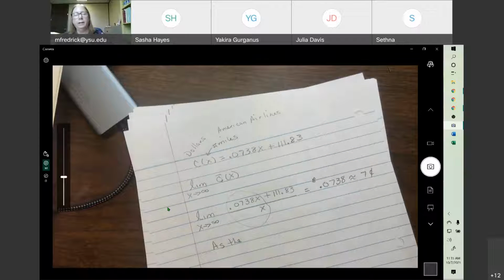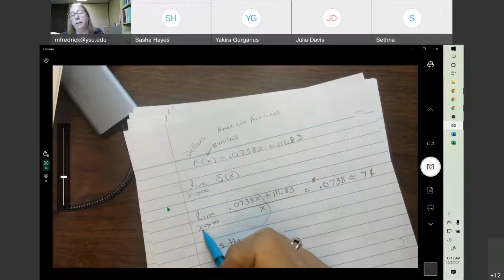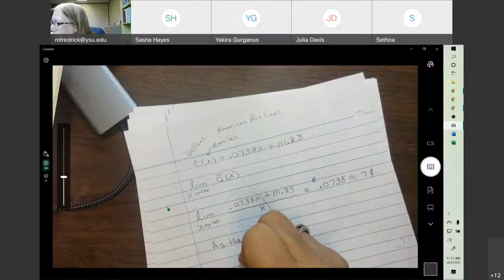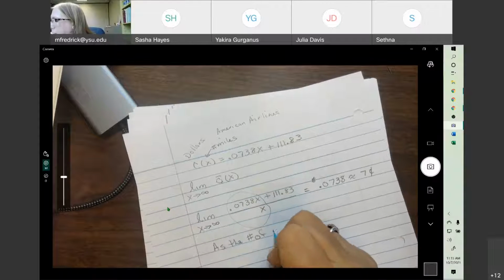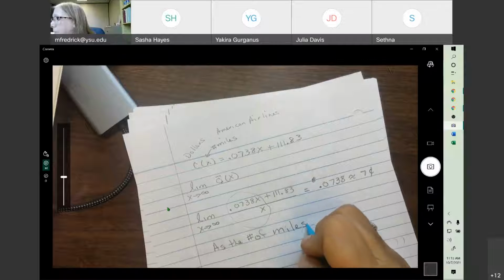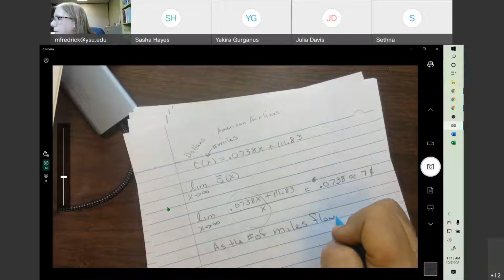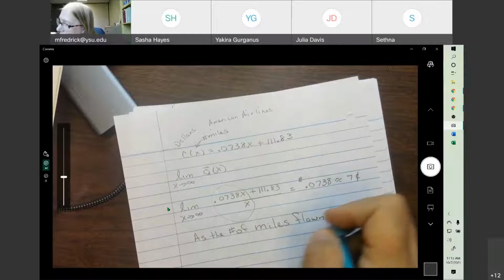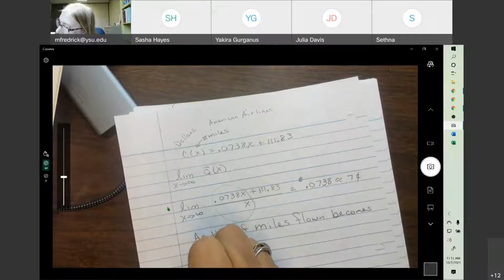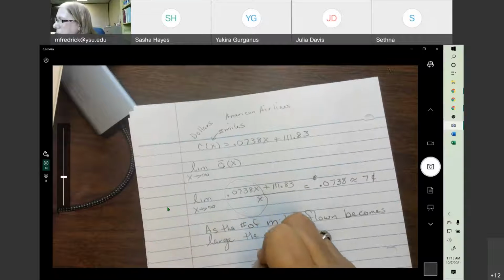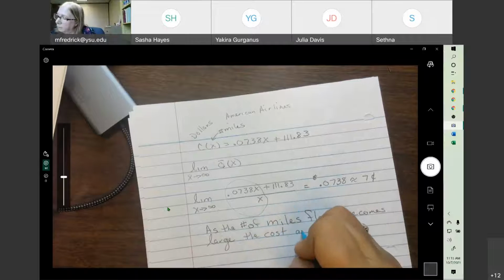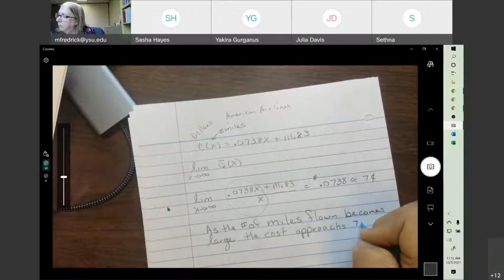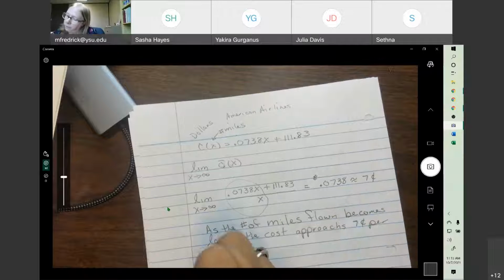Now, what we look at is, because it's infinity, the x value, which is miles. So as the number of miles, or miles flown, becomes large, the cost approaches 7 cents per mile.